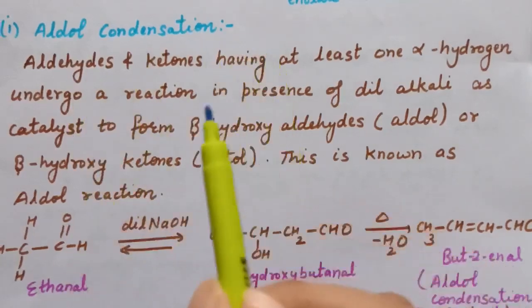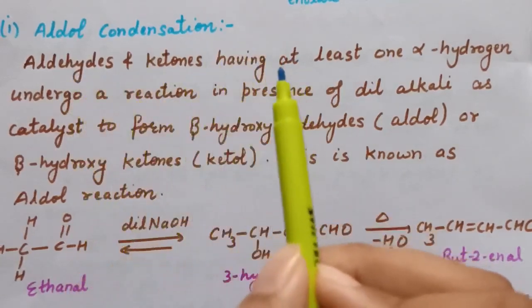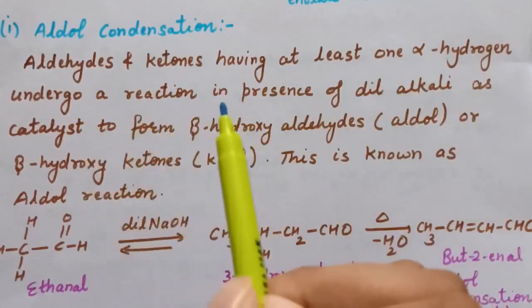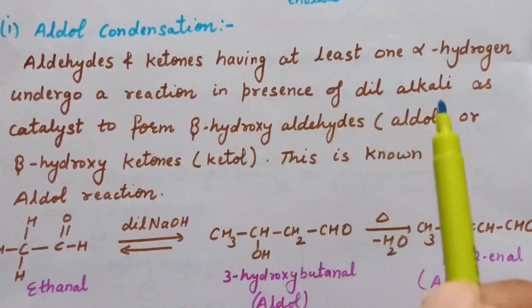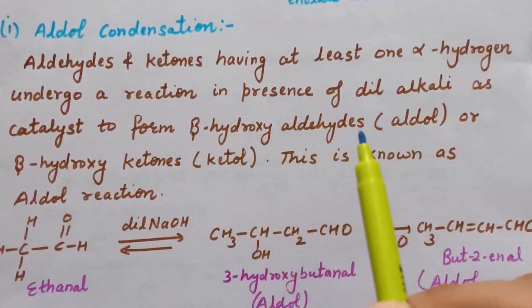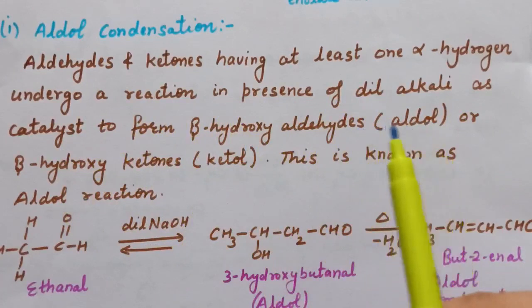Aldol condensation reaction. Aldehydes and ketones having at least one alpha hydrogen undergo a reaction in presence of dilute alkali as catalyst to form beta hydroxyaldehydes, known as aldol.